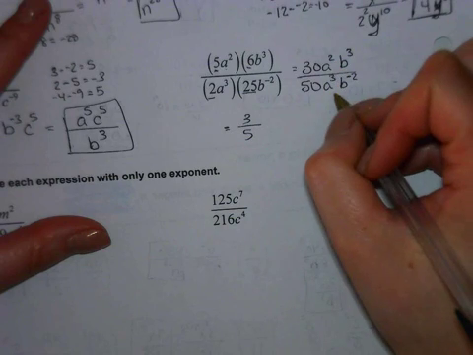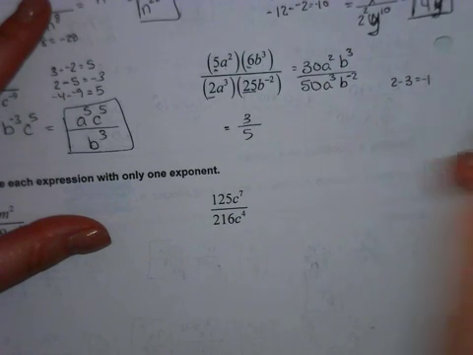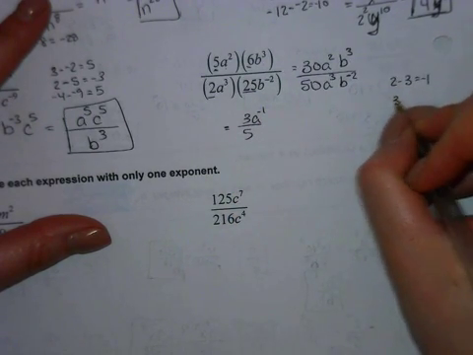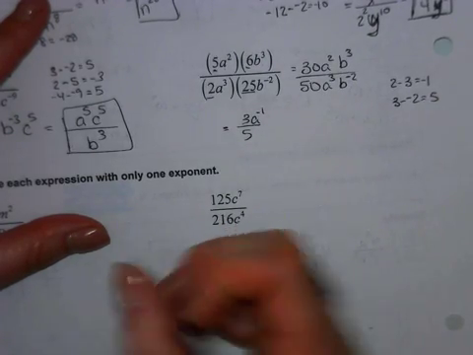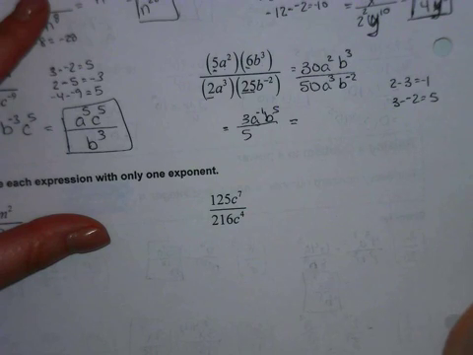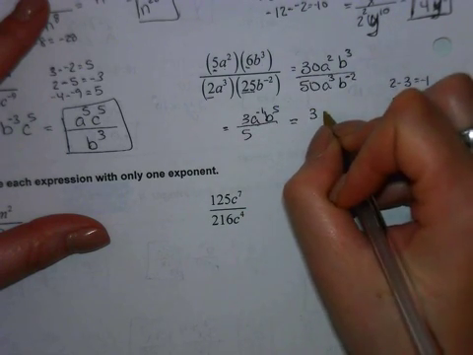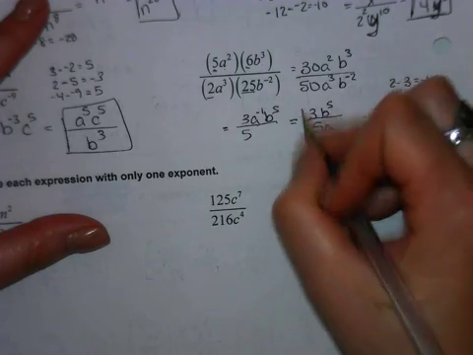A squared divided by a to the third, so we take our 2, subtract 3, we get a negative 1. B, we have 3 minus negative 2, which is 5. So we have b to the 5th power. So rewriting this using positive exponents, we have 3 times b to the 5th power divided by 5 times a.